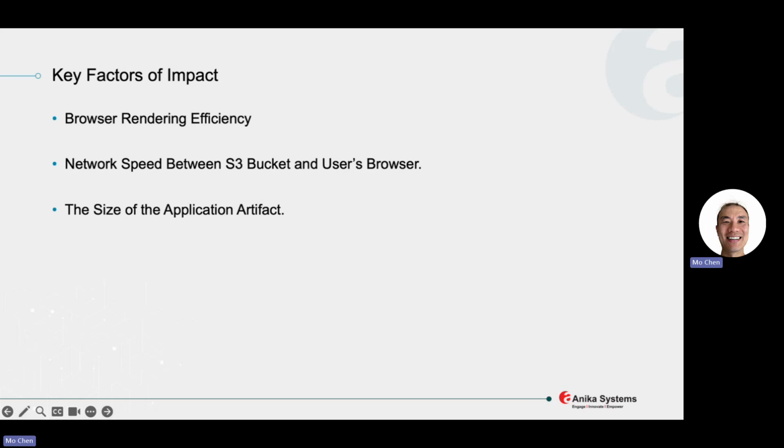Reducing the latency between the client and the S3 bucket helps, and it is going to be discussed in the next section. You can also reduce the size of the application artifact to get the file transfer completed sooner.